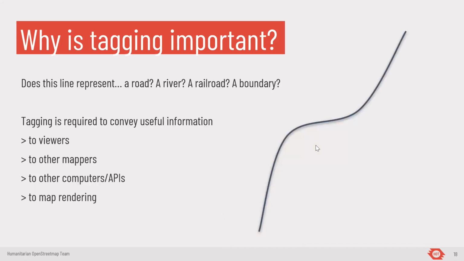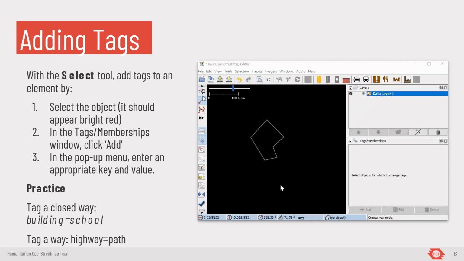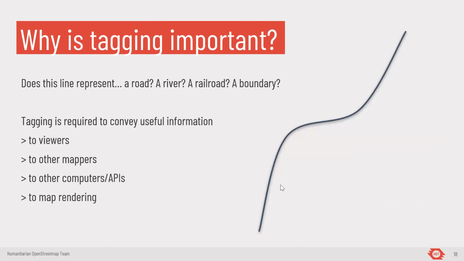Just like this example, if you are shown a linear feature with no tagging, it will be very difficult for you to understand. Tagging conveys useful information to a viewer, to other mappers, to map rendering, and to other users also.